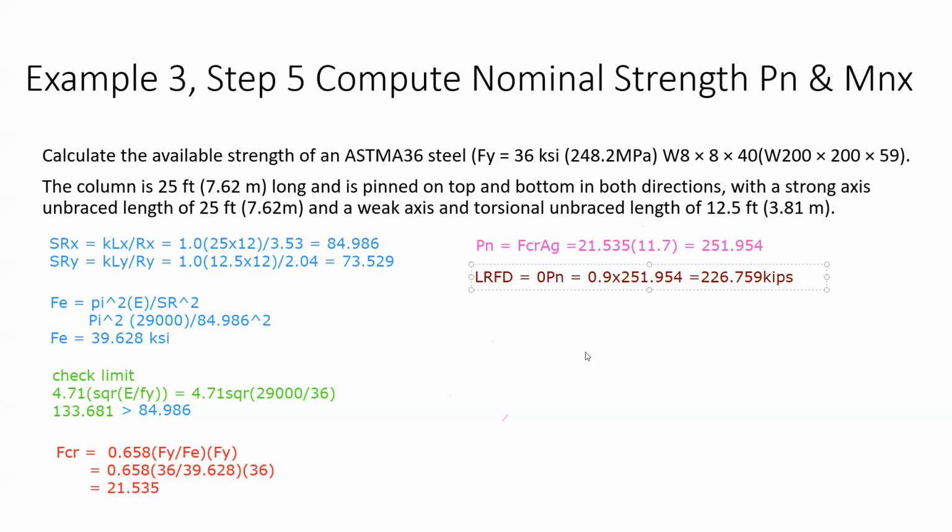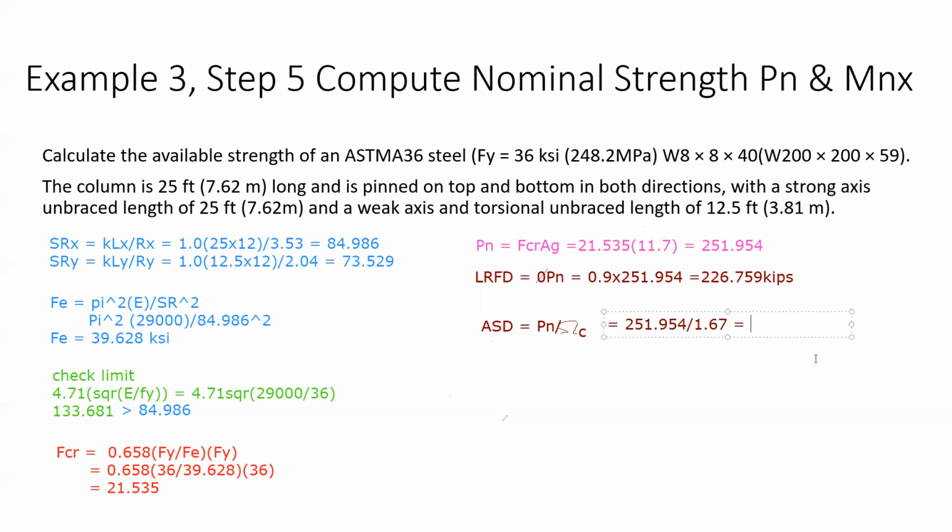And then let's try ASD. That is simply Pn over omega C. This is equal to 251.954 divided by 1.67.